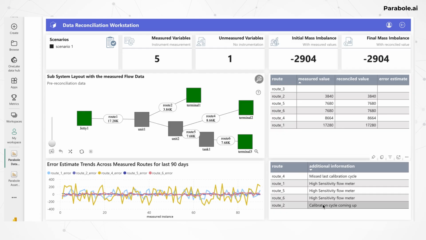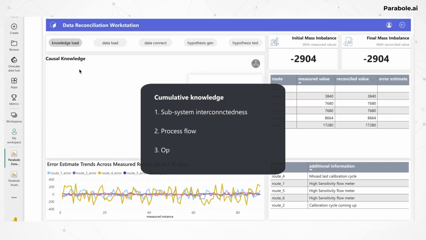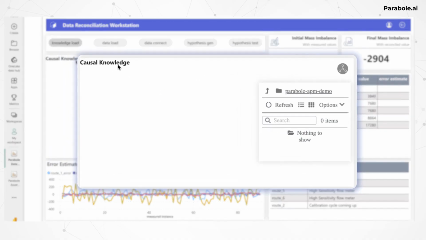We've ingested all of these inputs into Train, and Train represented the cumulative knowledge as a causal model depicting the process flow. This workflow interacts with the causal models and guides me to systematically estimate errors and make informed decisions to improve reconciliation accuracy. How can the workflow help me systematically estimate the measurement error and finally reconcile data?